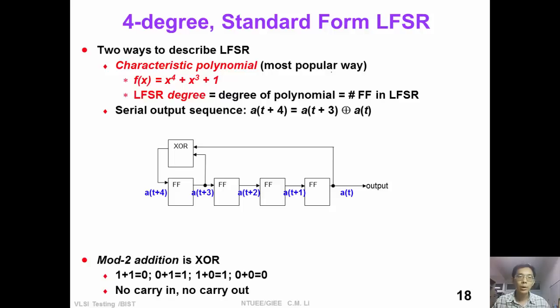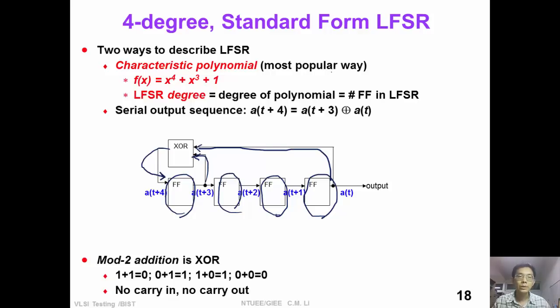In this example, every square represents a flip-flop. There are 4 flip-flops in this example, and we also have 2 feedback points to the inclusive OR. The output of the LFSR is fed back to the leftmost flip-flop.